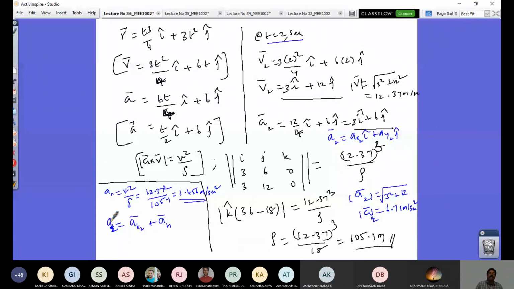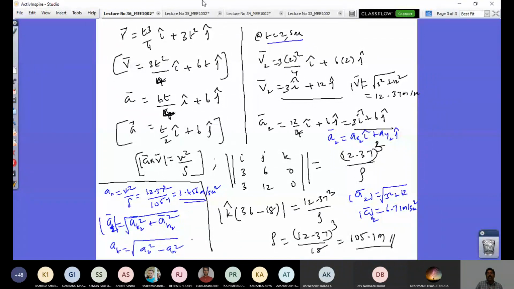Like I represent a_x squared plus a_y squared, I can also represent the magnitude of this as a_t2 squared plus a_n2 squared. So a_t is the square root of a_2 squared minus a_n squared.